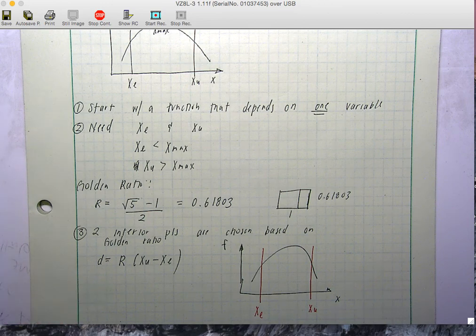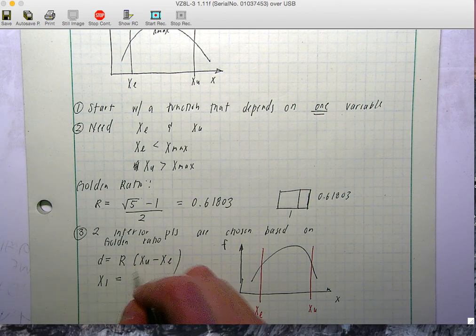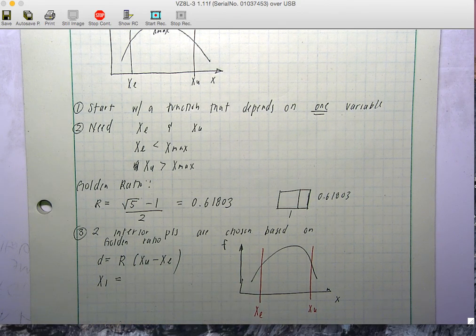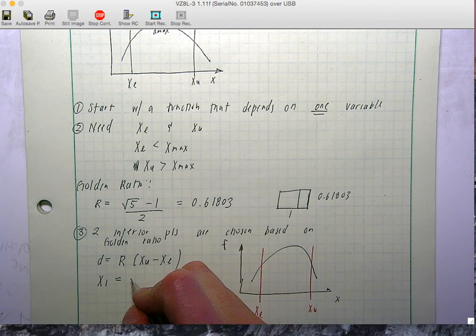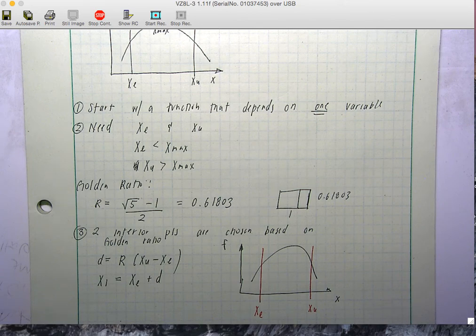So D is going to be the distance away that you're going to calculate these other 2 points. So X1 is going to be that distance, that 2/3 or 60% distance away from the lower point. So X1 would be right here, and this is D.